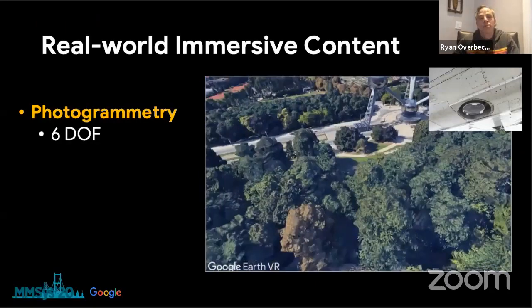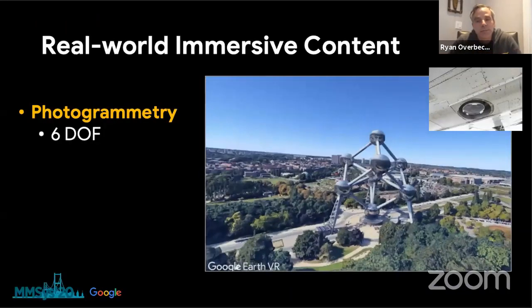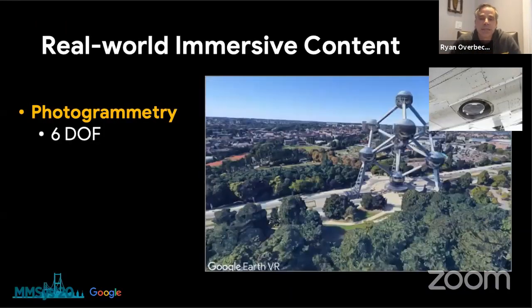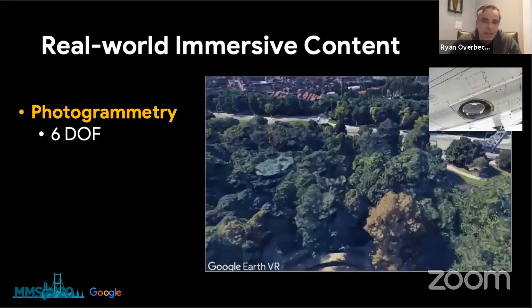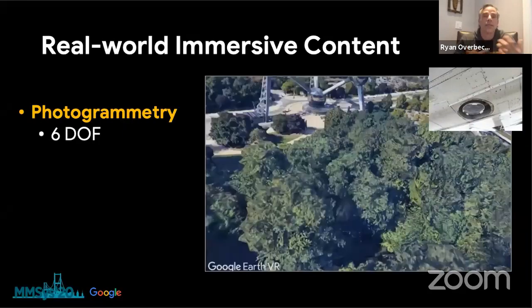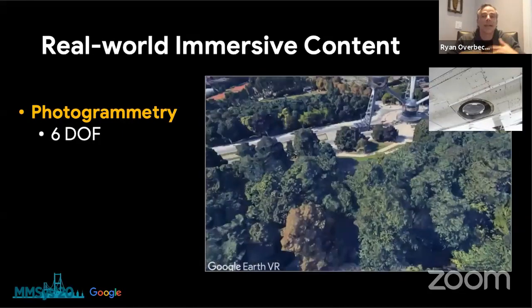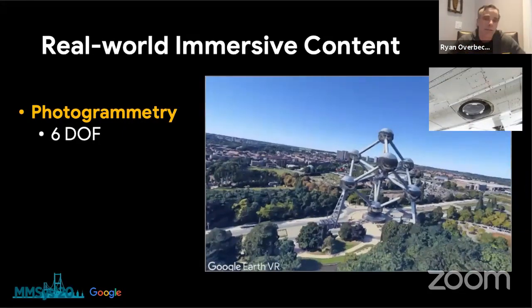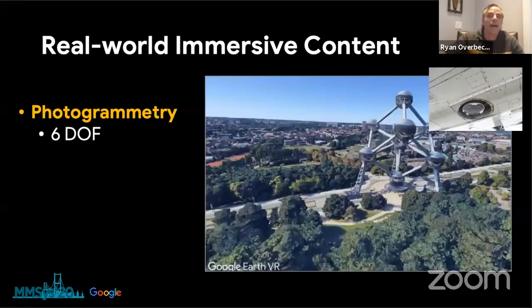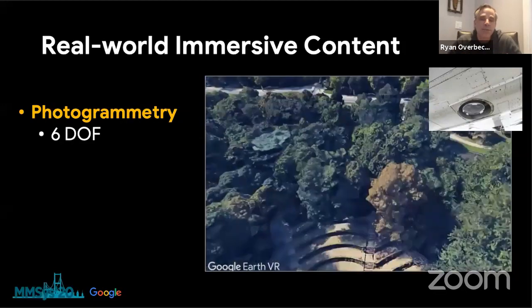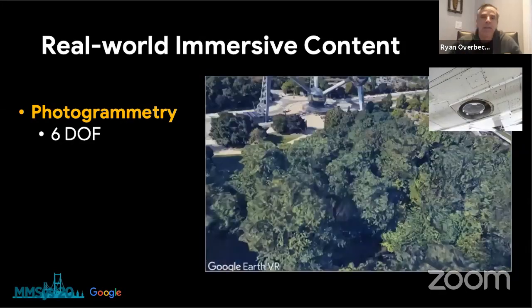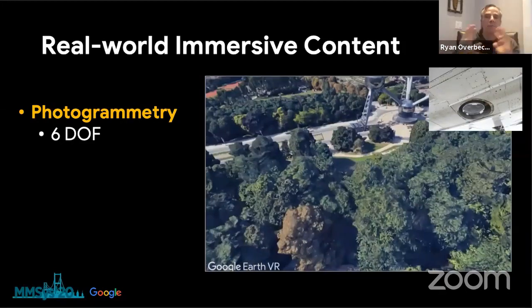So one thing we've tried for real-world immersive content is photogrammetry. This is used, of course, in Google Earth, like this video clip here. For Google Earth to collect the imagery, they actually mount camera arrays onto the bottoms of airplanes and fly them in a broom sweep pattern.